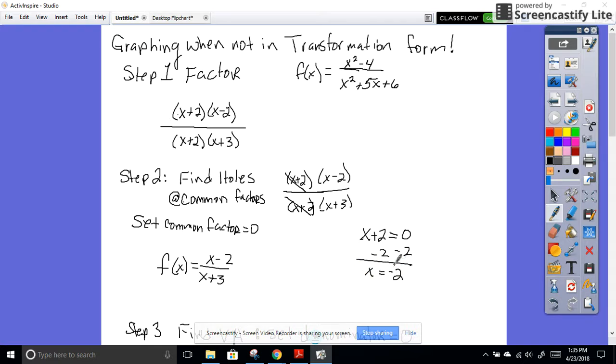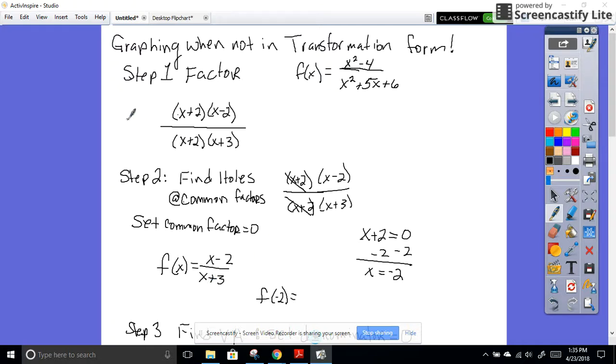Well, x equals negative 2 is an entire line. If we don't have a y value to go along with that, then you don't know where exactly the hole is. So to find the hole, after you've set the common factor equal to 0, you now plug that negative 2 back into the simplified version of your equation.